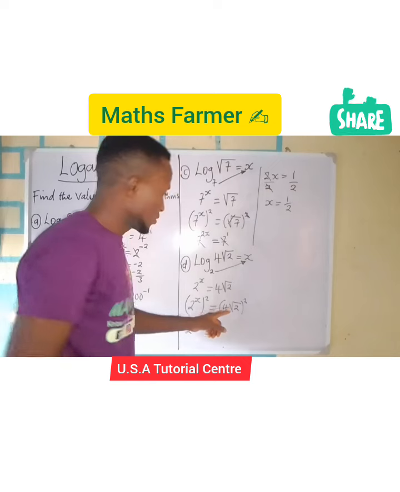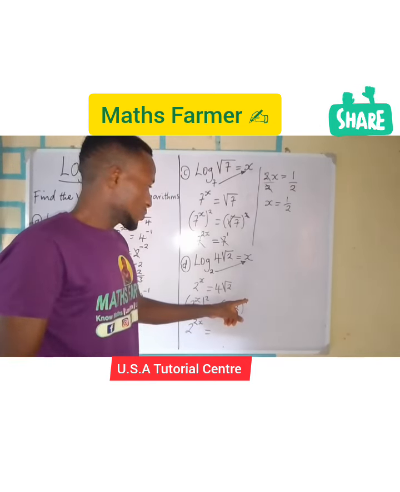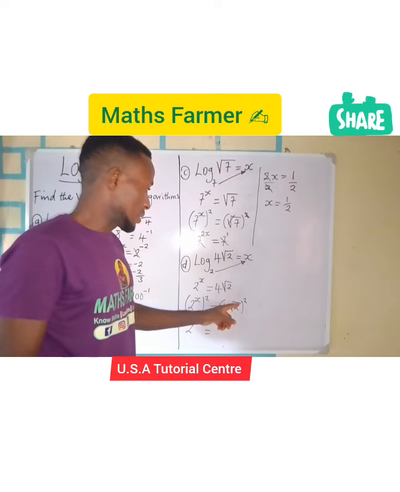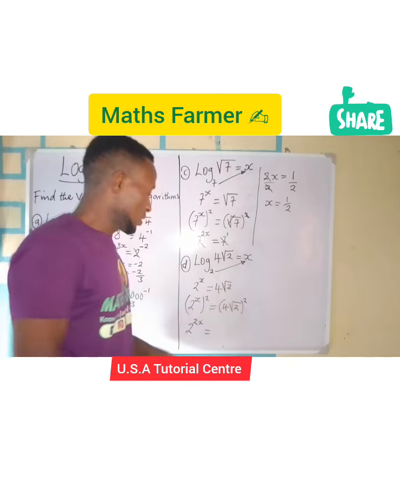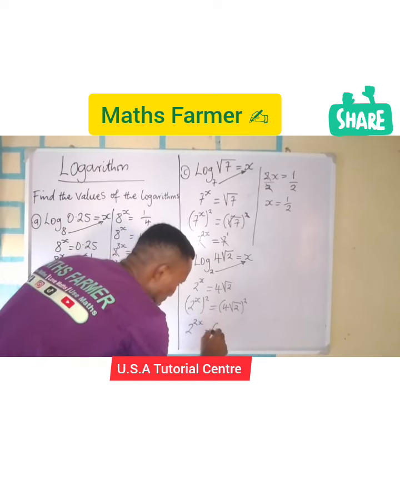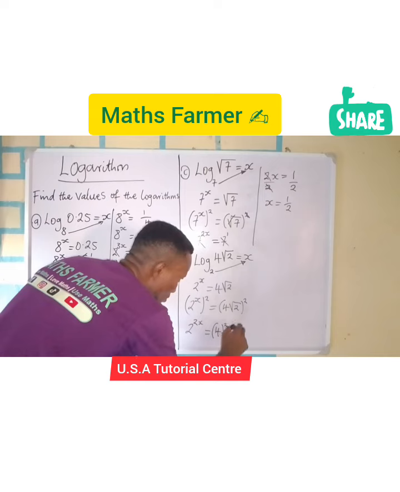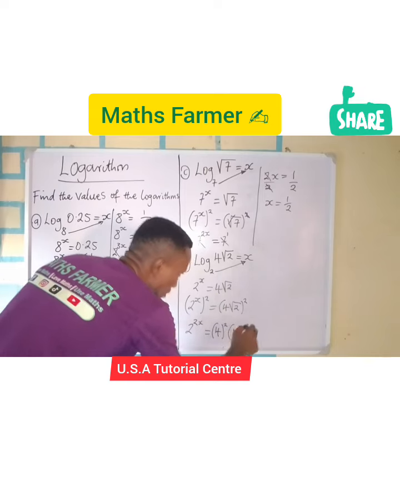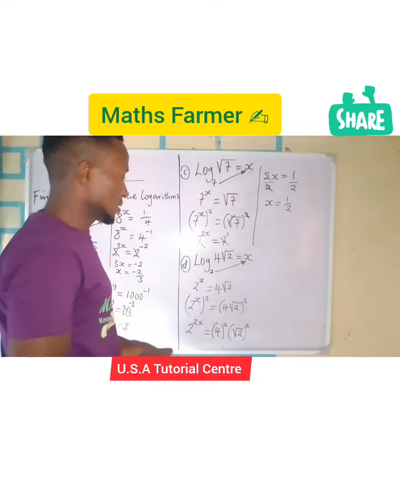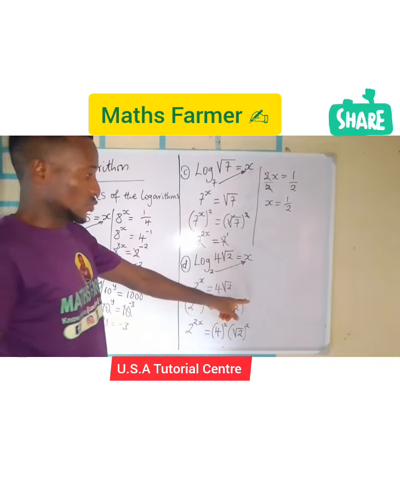If you watch here, we have 2 numbers, and the square is for both 4 and root 2. Let me separate it so you see what I'm saying. 4 collects its own square, and root 2 collects its own square. Both of them have it.